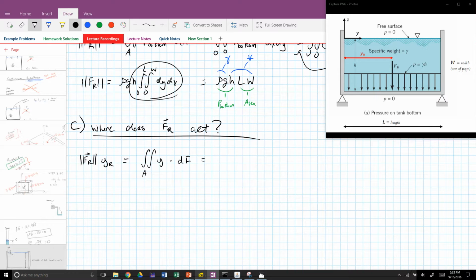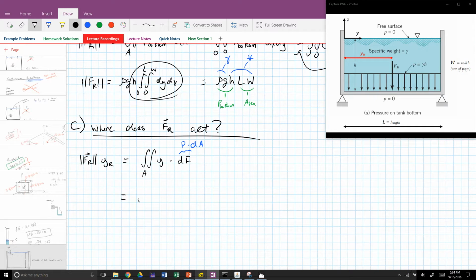And this dF is in turn equal to pressure times dA. All right? So this term here, this pressure times dA, is what we just came up with in the preceding calculation of the resultant force.